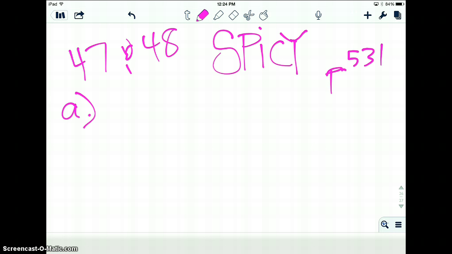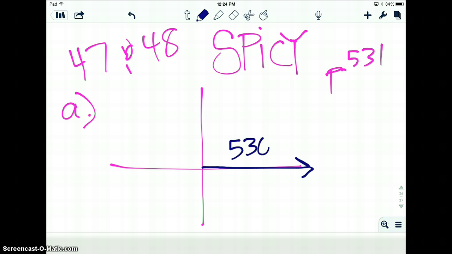So in part A, I'm going to have my coordinate plane, and I'm going to sketch those vectors for the airplane and the wind. The airplane in still air is traveling directly east. So I'm going to go this way, and that's 530 miles per hour.